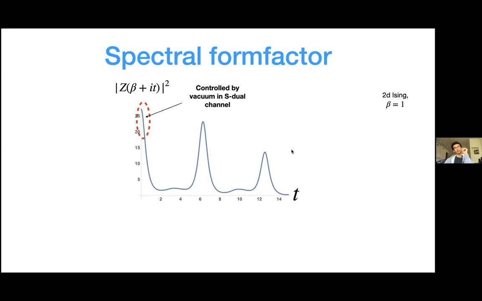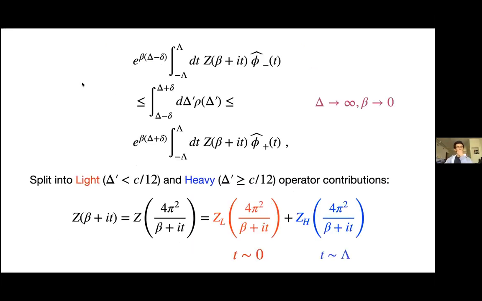There's a recurrence time, and this picture suggests that we should cut off the integral at a value bounded by this recurrence time, heuristically, but we'll make this more precise. Okay, so this is some intuition, but now let's actually take these inequalities and see what we can get.